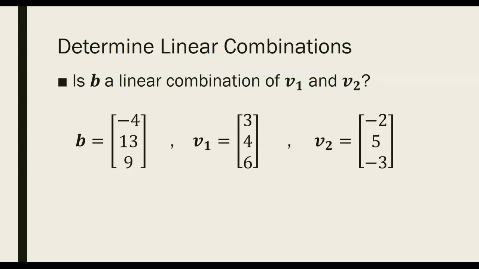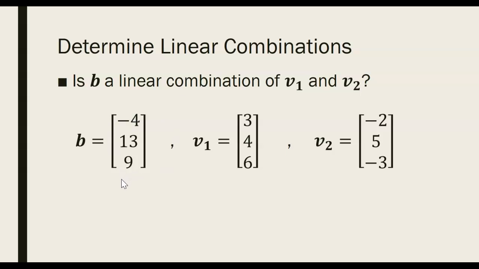So here is a typical problem that you're going to see in section 1.3. It's going to say, is the vector b a linear combination of v1 and v2? The answer to this depends on the values of v1, the values of v2, and the values of b.